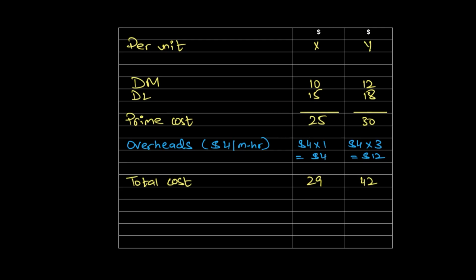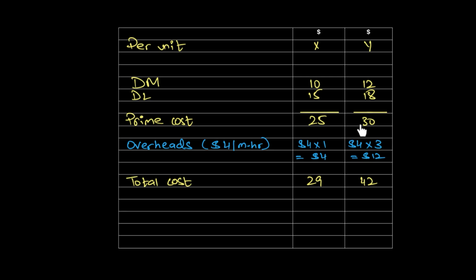Now how do I apply this? X requires 1 hour of machine per unit. So you can trace machine hour per unit. That is something you can trace. So if X requires $4 as overhead absorption rate times 1 machine hour consumed, X will be charged $4 as overheads. Whereas on the other hand, Y requires 3 hours of machine. So Y should be charged $4 per hour times 3 machine hours, $12 per unit.